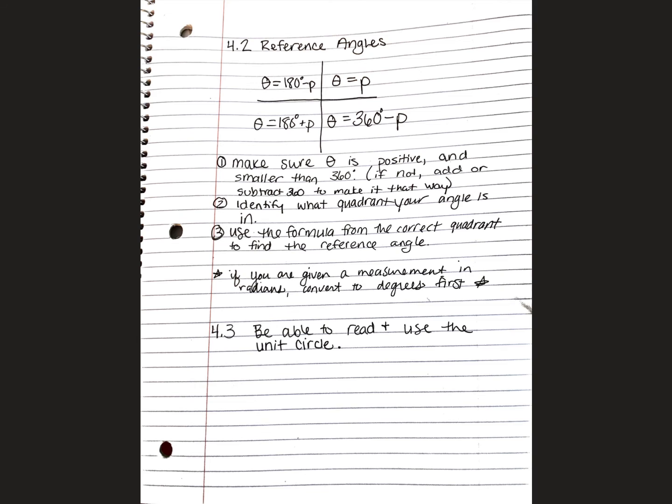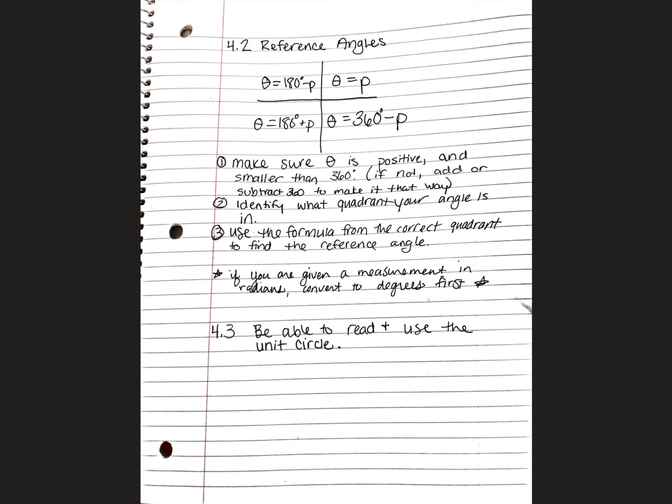Okay, so then we did 4.2, which is reference angles. I'm pretty sure you all have a good grasp on this, especially after watching you guys do those practice problems yesterday. But again, make sure that the angle you're given is positive and less than 360. If it's negative, you're going to add 360. And if it is larger than 360, you'll subtract 360 to get it in that range.